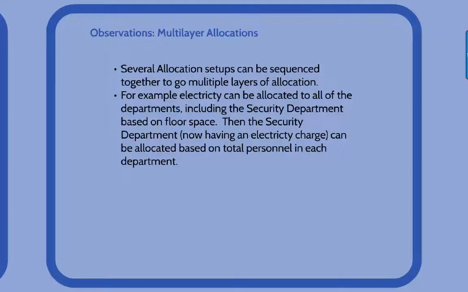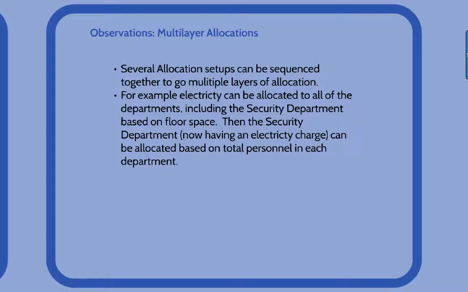You can also do multi-layer allocations. I do not have an example of this, but it's very simple. This allocation thing is set up so that you have one allocation and then it runs again with a different one. For example, let's say you allocate electricity based on floor space, and that includes the security department getting a charge for electricity, and then you do an allocation of the security department to the other departments based on personnel.